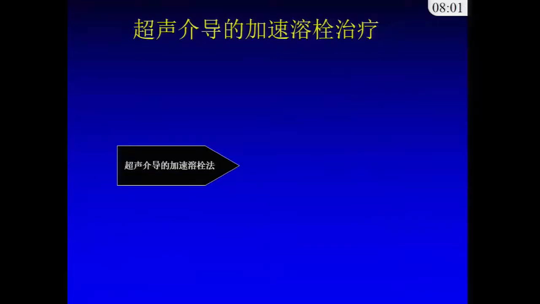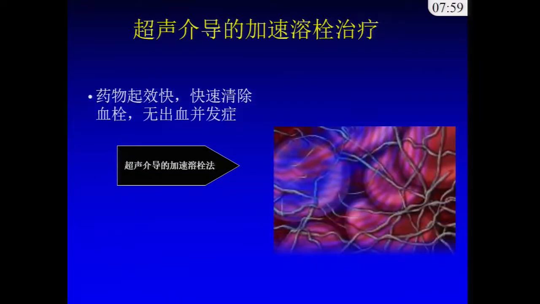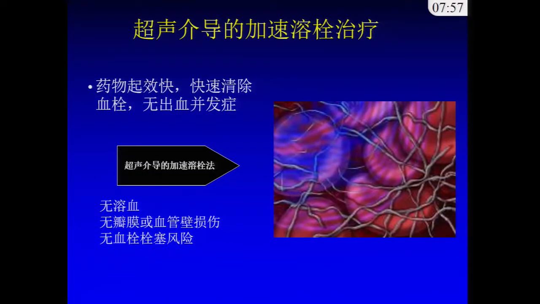As a result, the drug acts faster, clearing the clot sooner, with reduced bleeding complications. The patient has no hemolysis, no valve damage, and very low risk of embolization and bleeding.